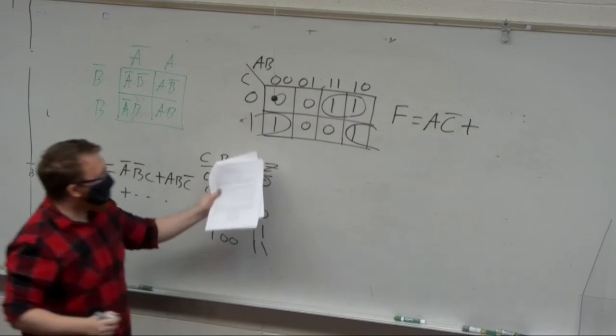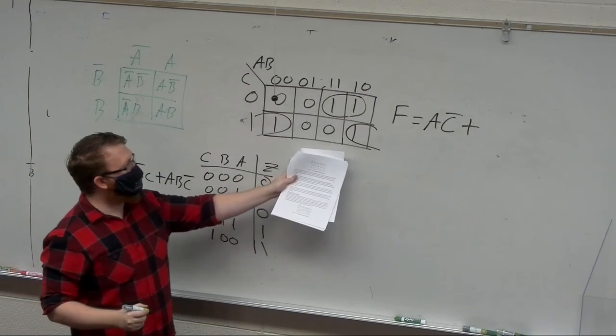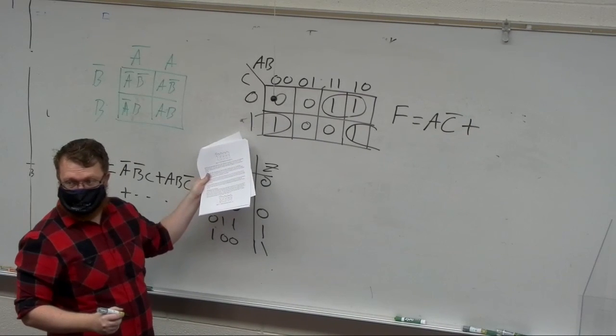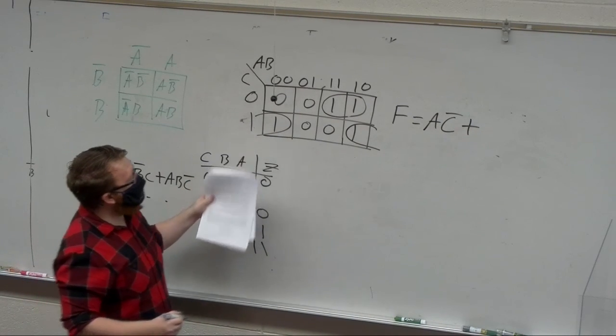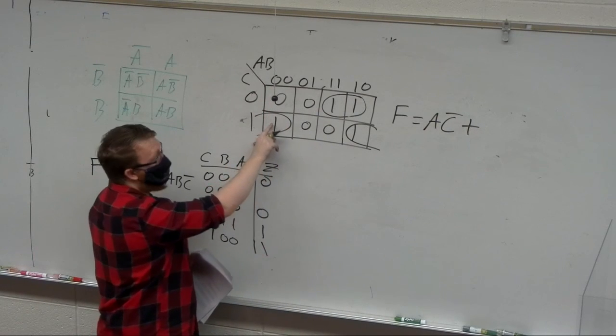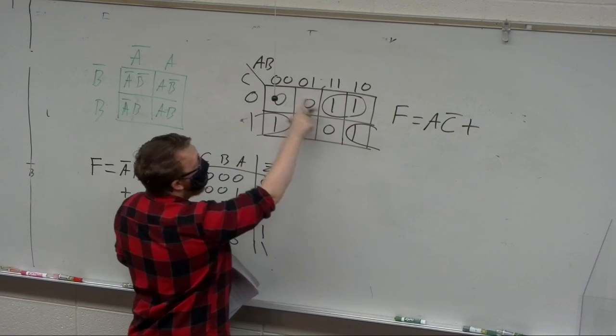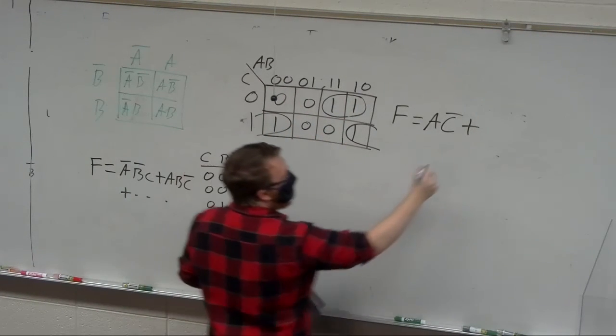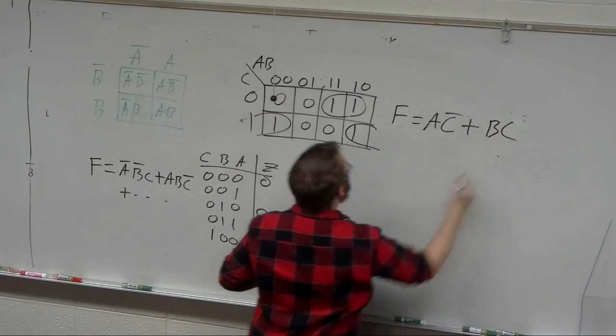Okay, so now we have these two ones. C is 1 and does not change. And A is 0, it does change, right? Because we go from 0 to 1. But B is 0 to 0. So now we know we have B and C, and we just have to figure out what it is.